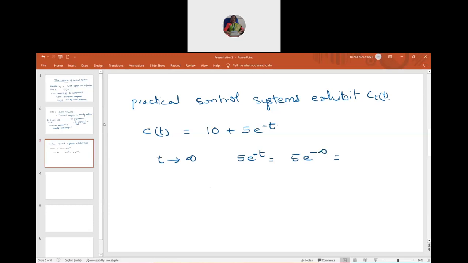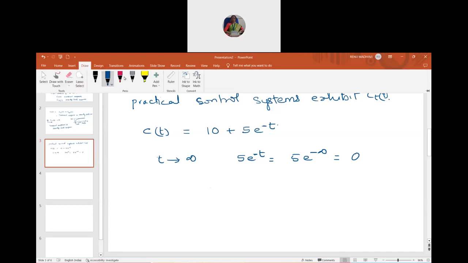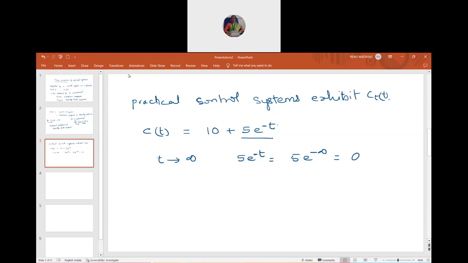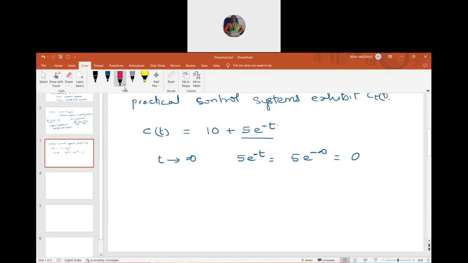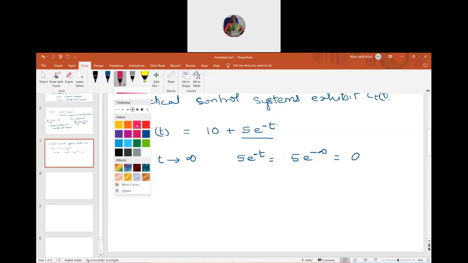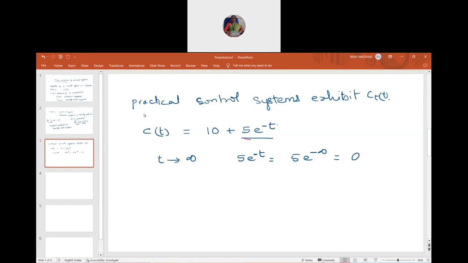As e to the power of minus infinity is 0, this becomes 0. Here as time t tends to infinity, this term is becoming 0, then C of t will be remaining as 10.